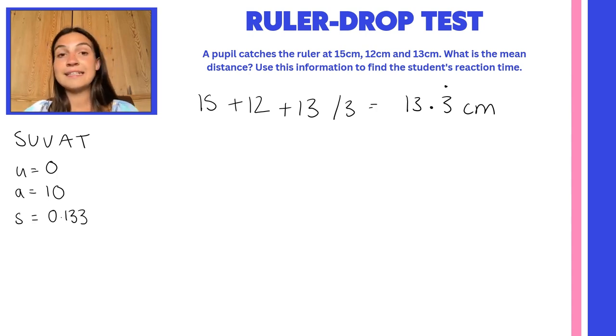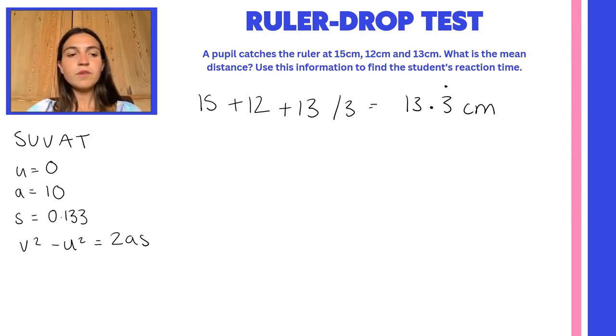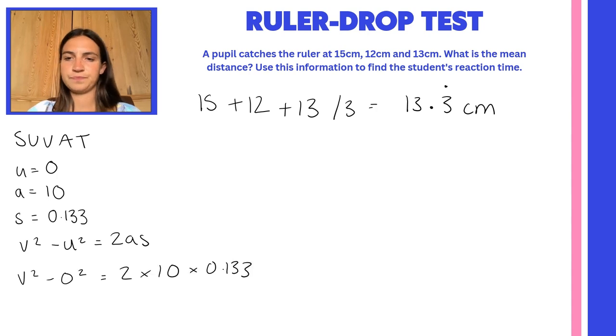So that's written as 0.133 because, of course, we need our distances to be in metres to put them into the equation. So which equation can we use to get ourselves started? Well, here's an equation that uses all three of those variables and only has one missing, and that is the v squared. So I can definitely use this information to find what the final speed of that ruler is going to be once it's dropped.